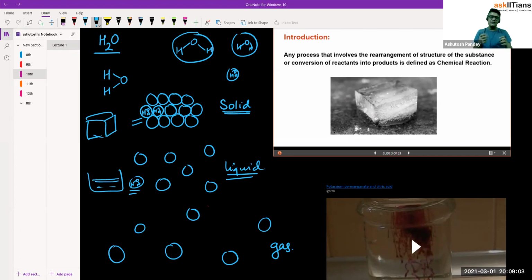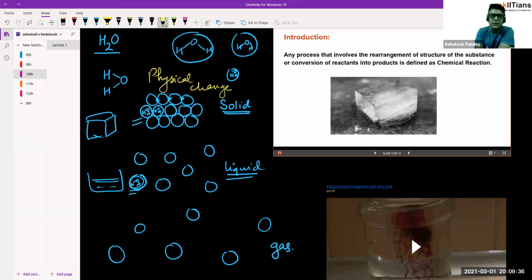So initially it was H2O, and after melting the molecule is also H2O only, and that's why we'll say that the composition, the internal arrangement of atoms, is not changed. What has changed is only the distance between the different molecules. So these types of changes are called physical changes.